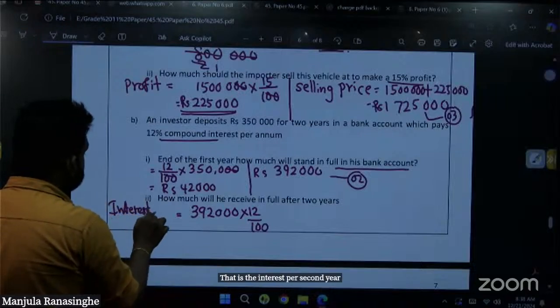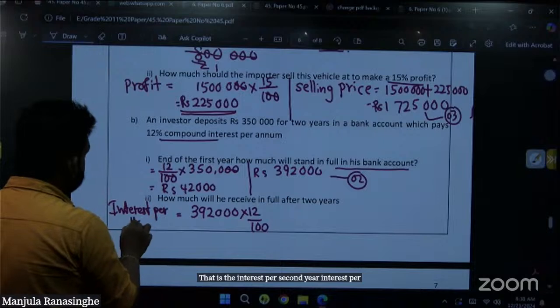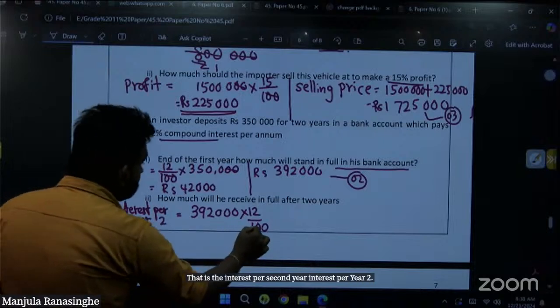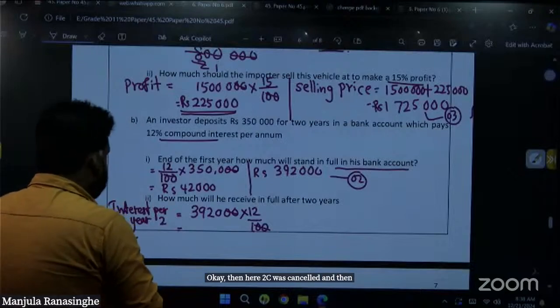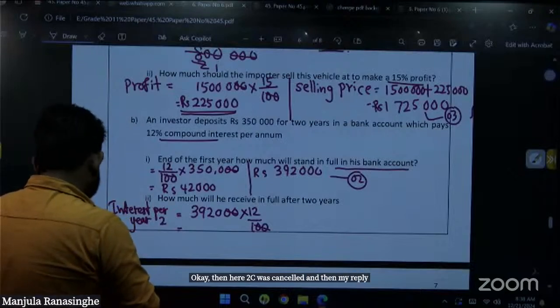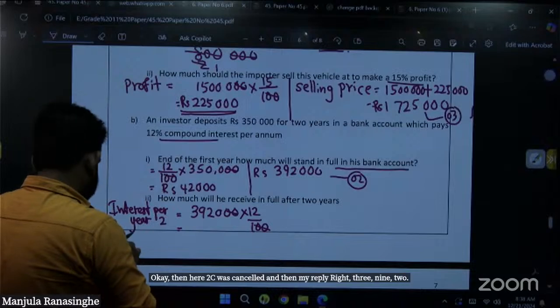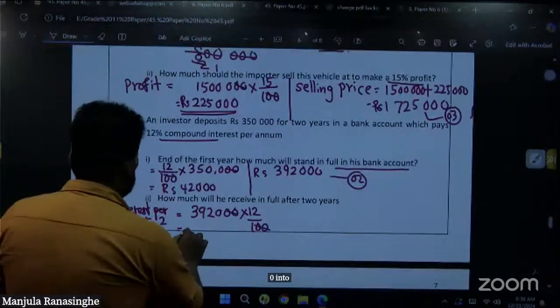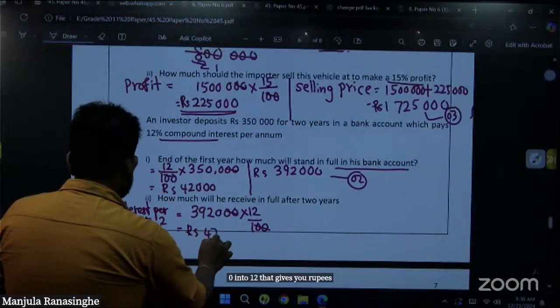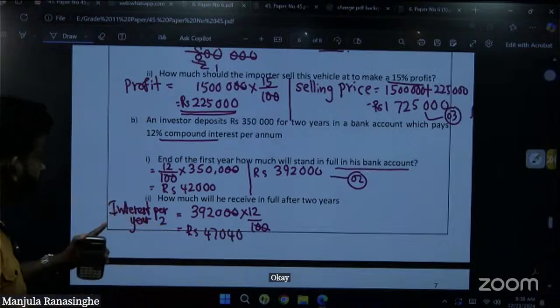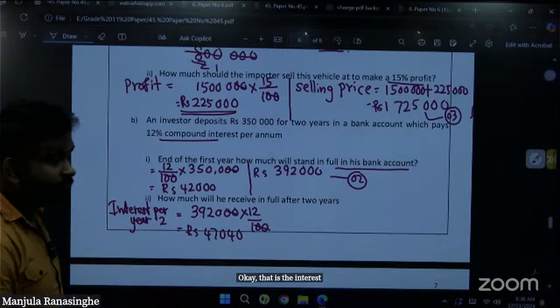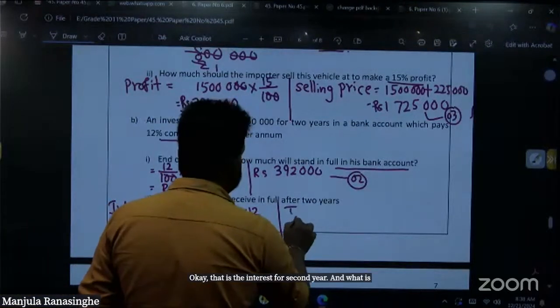Okay, then here two zeros cancelled and then multiply, right? 3,920 into 12, that gives you rupees 47,040. Okay, that is the interest for second year. And what is the total amount with him now?